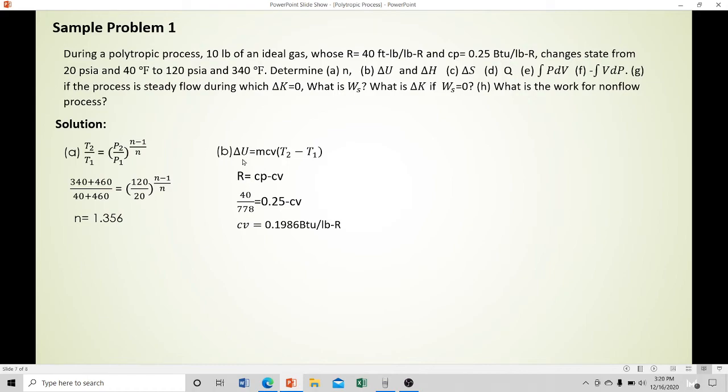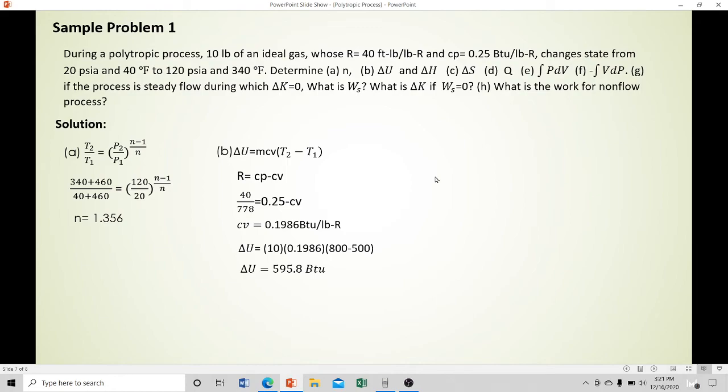And for the change of U, we have 10 pounds times CB 0.1986 times 800 for the final absolute temperature. So 340 plus 460 is equivalent to 800, and 40 plus 460 is equivalent to 500. So your change of U is equals to 595.8 BTU.